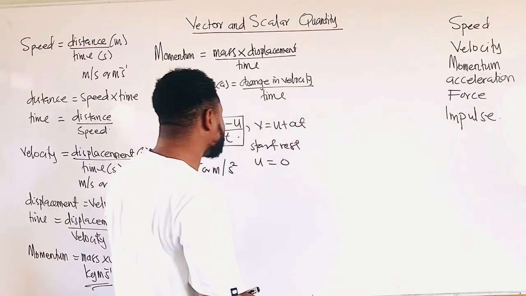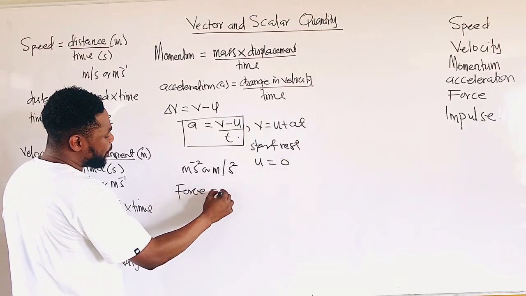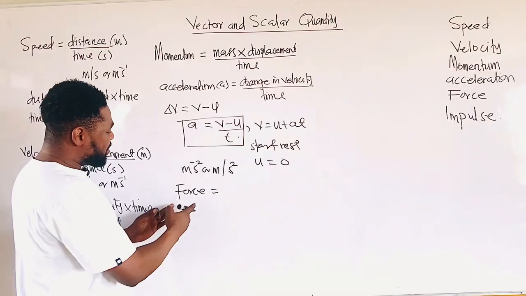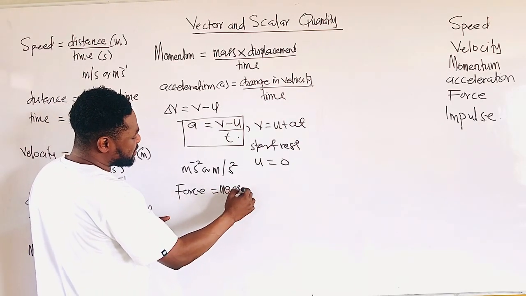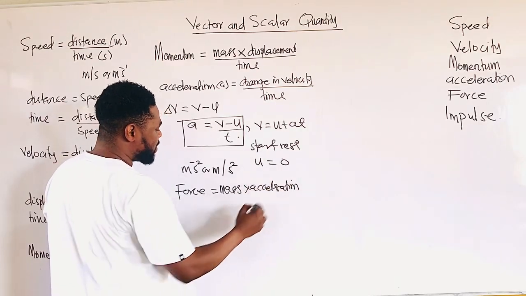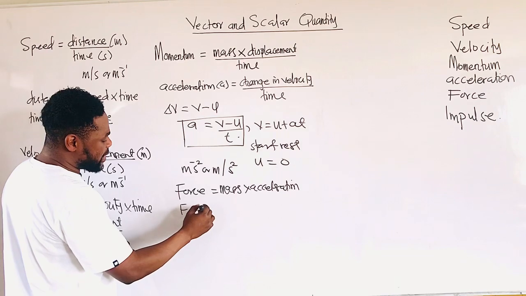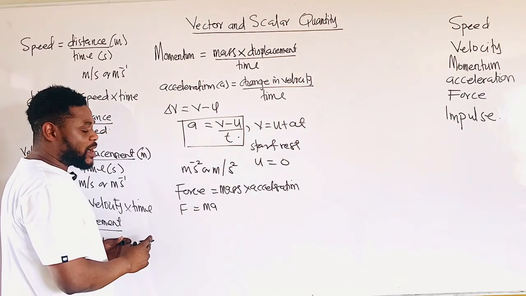Let us look at the next one, force. Force is a pull or push of a body, and mathematically force is equal to mass times acceleration, where we can shorten it as F equals ma.